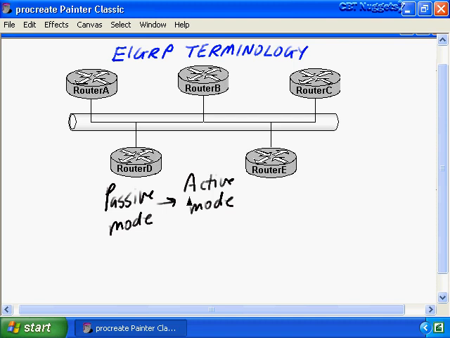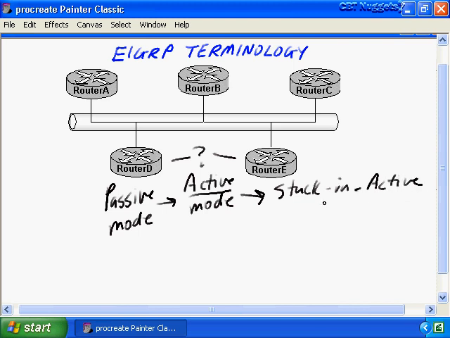This is really the time period while a router is querying its neighbors to find out information regarding network path information due to changes in the topology. Now, what you don't want to happen is what's called stuck in active, and I think we can figure out what that means just by virtue of what active mode is.